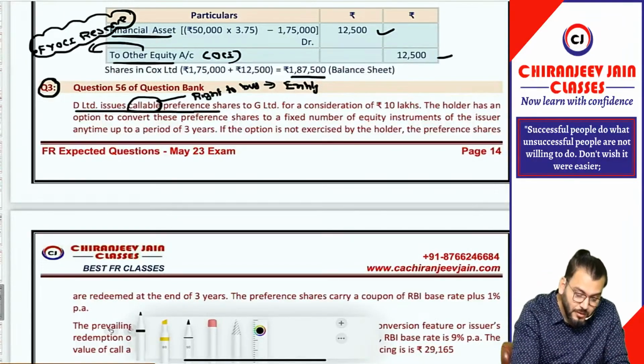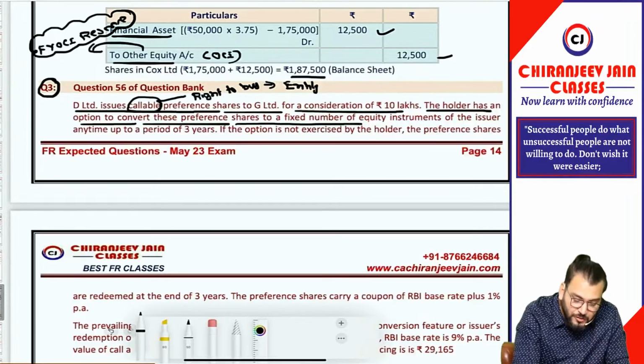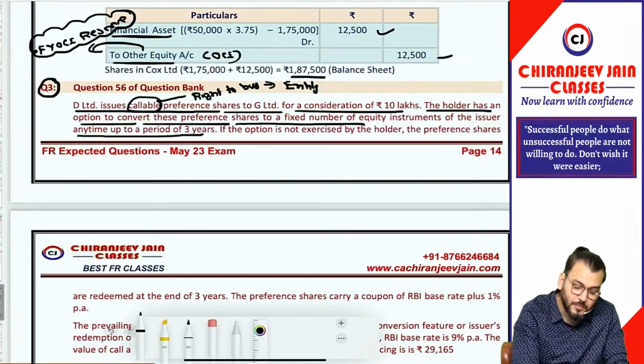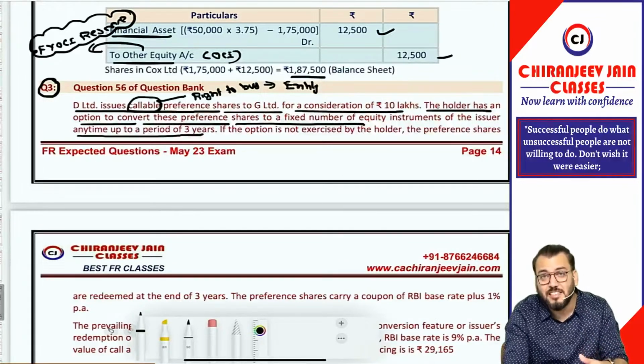Correct. Preference shares to G Limited for a consideration of 10 lakh. The holder has an option to convert these preference shares to a fixed number of equity instruments of the issuer at any time up to a period of 3 years. So they have an option to convert, meaning it is an optionally convertible preference share.